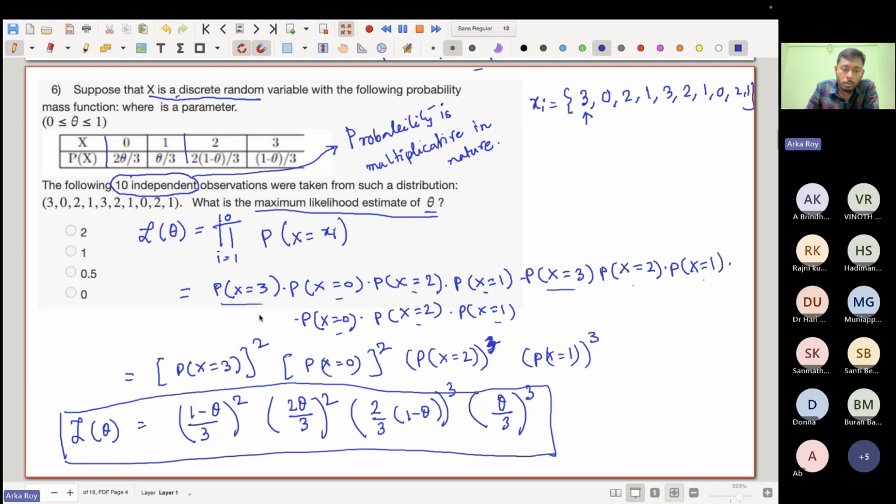Over here also you can see that all of these functionalities are in multiplicative format. So first we have to take log, such that this expression comes to a form of additive functionality. So let me copy this into the next page.